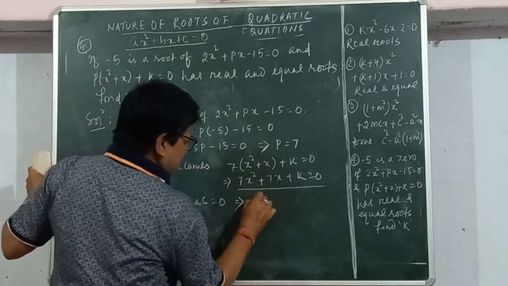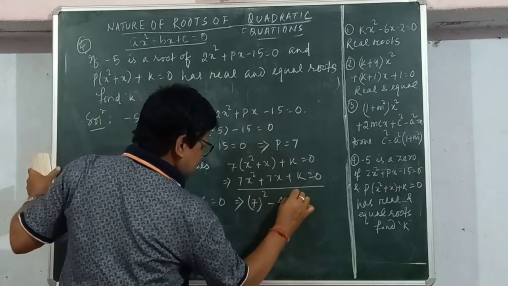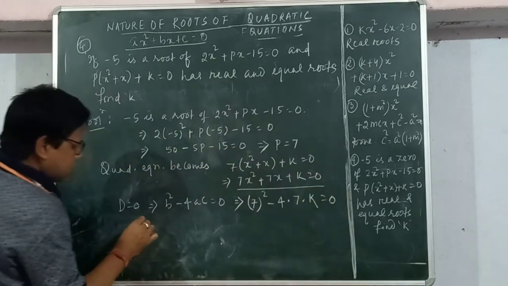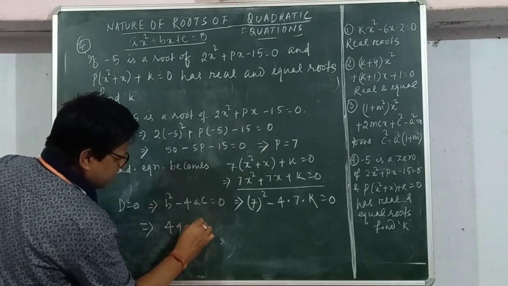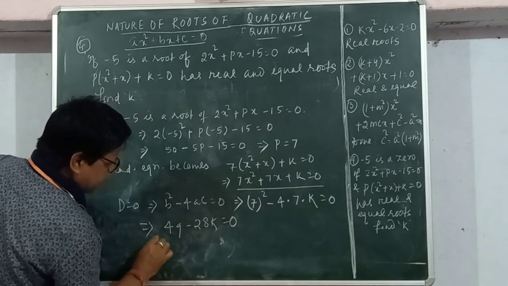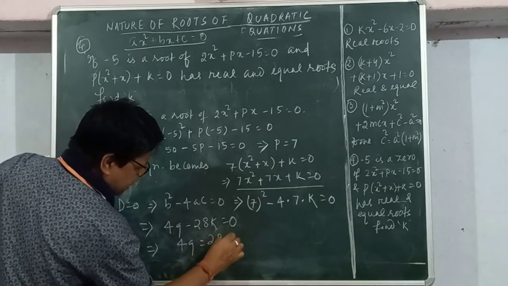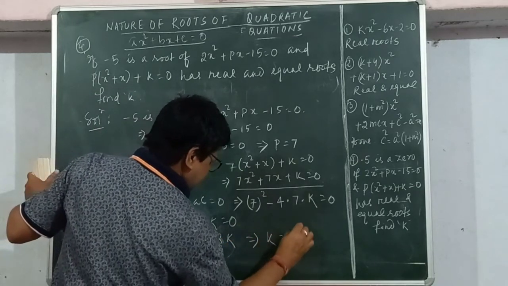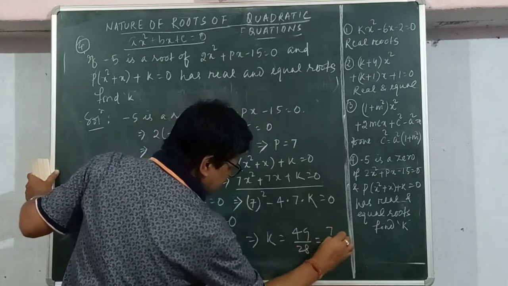Now put the value. 7 square minus 4 into 7 into k is equal to 0, implies that 49 minus 28k is equal to 0, implies that 49 is equal to 28k, implies that k is equal to 49 by 28, that is equal to 7 by 4.